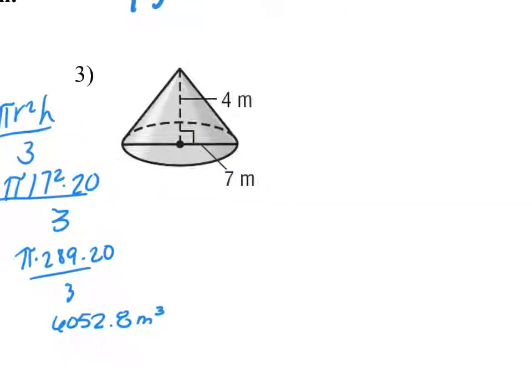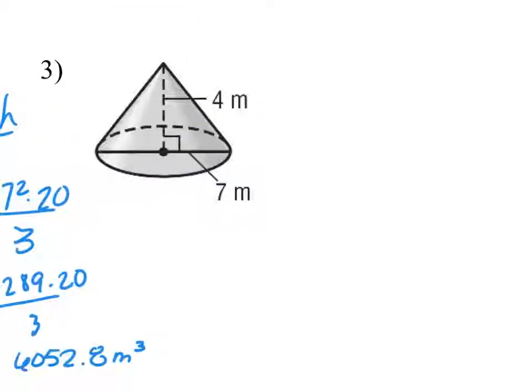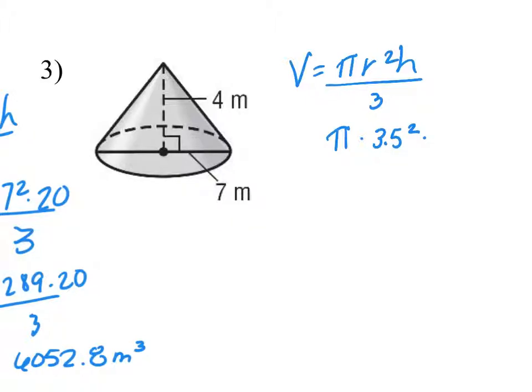Okay, my last example. Now, this is where you've got to be careful because it's giving you the diameter and you need the radius. So pi times 3.5 squared times 4 divided by 3.